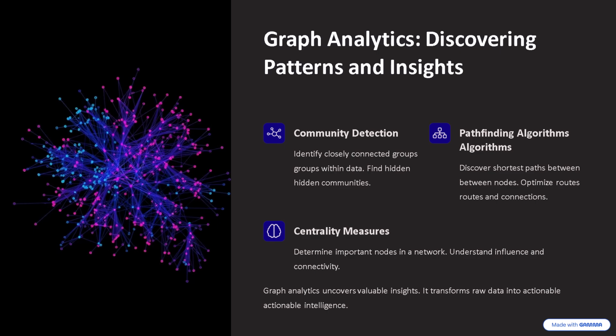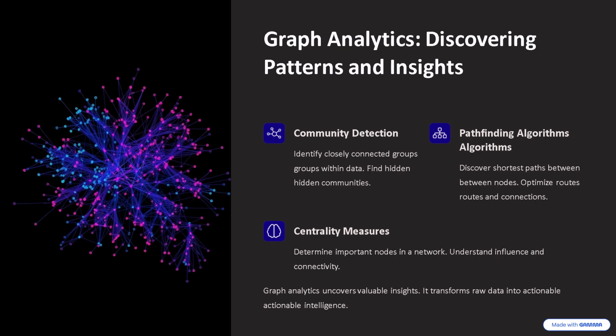Graph analytics: discovering patterns and insights. In this, we can see community detection, pathfinding algorithms, and centrality measures. First one is community detection. Identify closely connected groups within data. Find hidden communities.